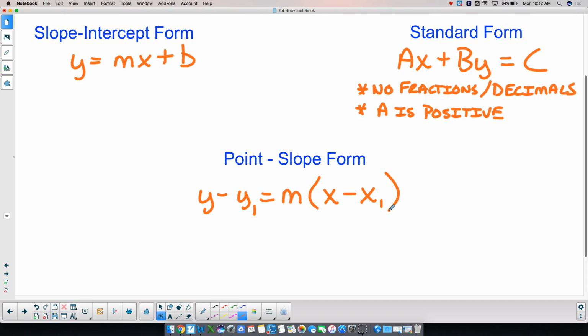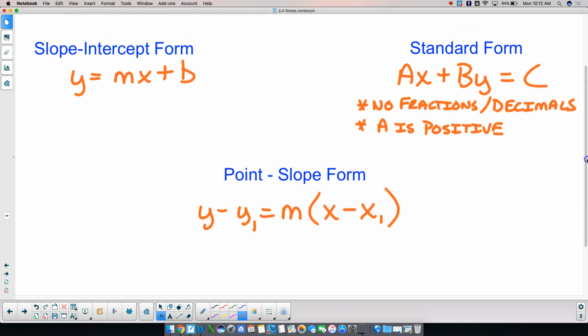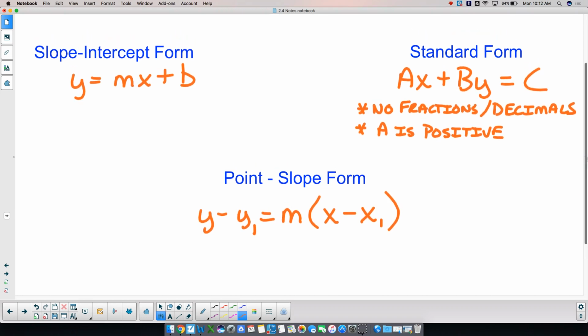Now, I will tell you that in terms of today, the point-slope form is going to be your first go-to tool. That's going to be where you're going to start making the equation.